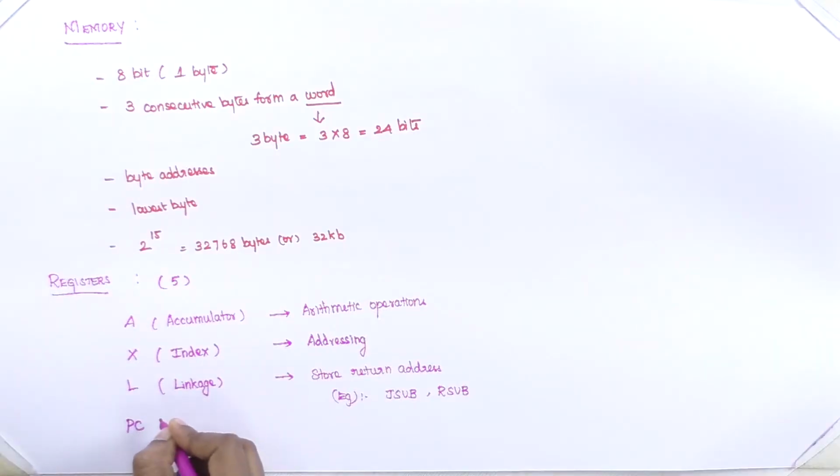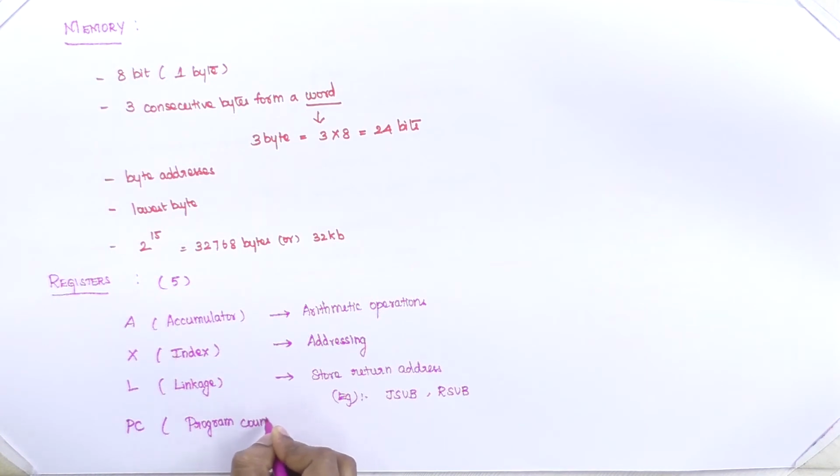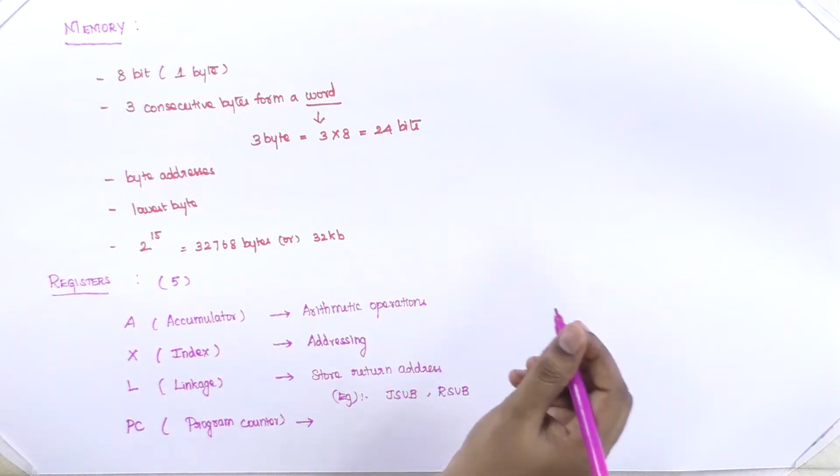While jumping to a subroutine, the linkage register helps in storing the address to which control has to return, and during RSUB also, the linkage register helps to store the address where, after jumping, the particular instruction has to be returned. PC is our program counter. The program counter contains the address of the next executable instruction.